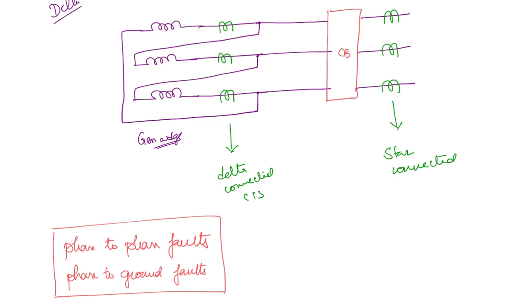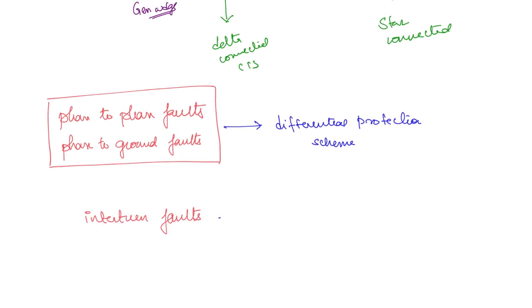In that case we have to protect the windings from short circuiting with each other. For inter-turn faults, we use a technique called split phase relaying. We will not go into the detail, but you should just know that the technique used for inter-turn faults is split phase relaying.